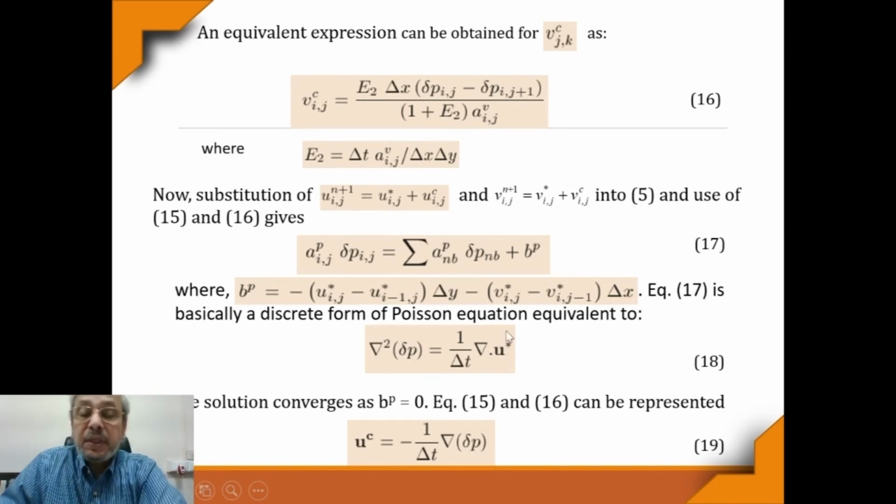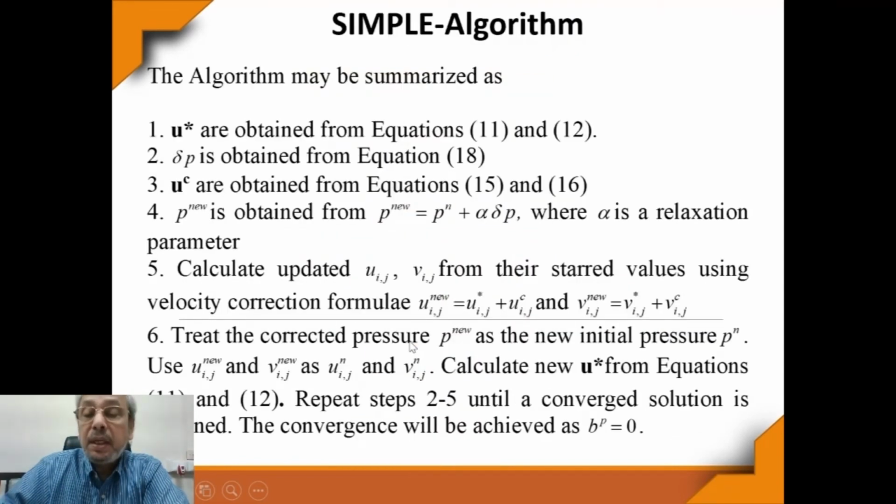Effectively it is equation 18, and when you get the final solution, you are not solving for delta P, but P at the n plus 1th level.